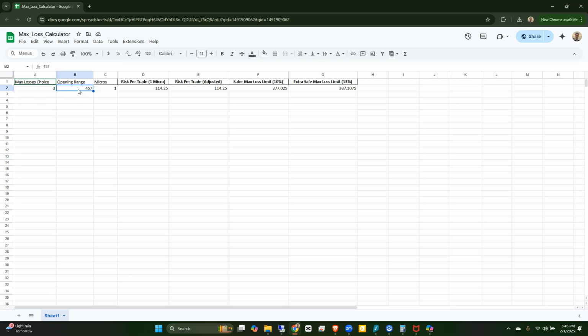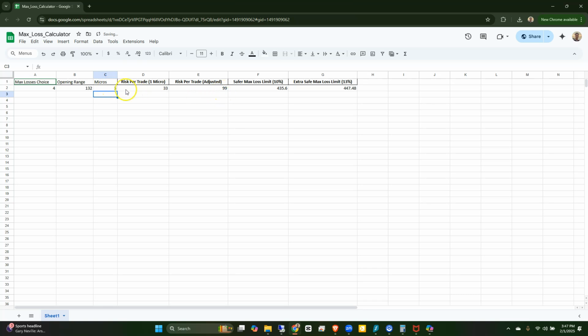If you had a really small opening range day, like 132 or so, and you wanted to have a 4 loss limit, then you might want to trade 4 micros. There your risk per trade would be 132, or that may be a little much rather.